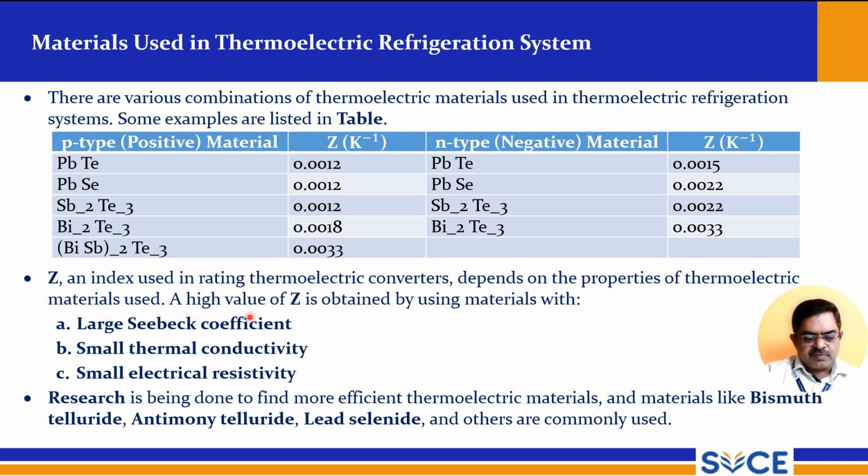A high value of Z is obtained by using materials with large Seebeck coefficient, small thermal conductivity, and small electrical resistivity. Research is being done to find more efficient thermoelectric materials, and materials like bismuth telluride, antimony telluride, lead selenide and others are commonly used.